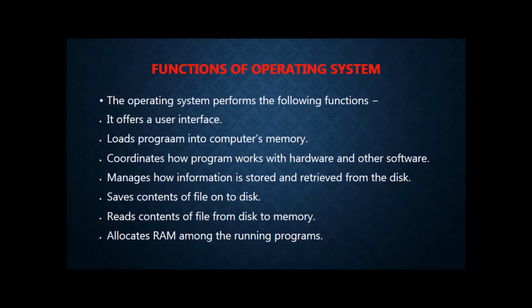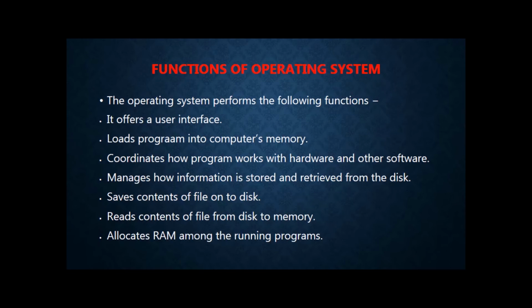It manages how information is stored and retrieved from the disk. It saves contents of a file onto disk. Reads contents of a file from disk to memory. It also allocates RAM among the running programs. I hope that was clear.